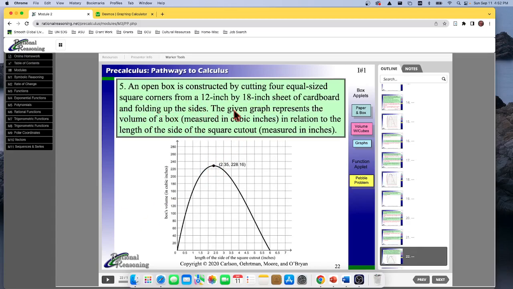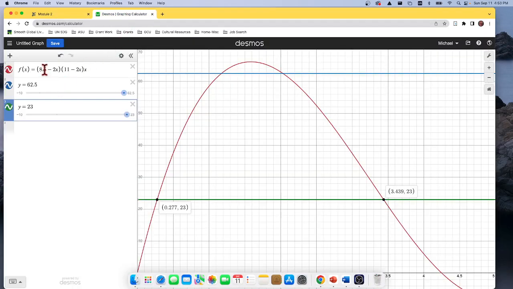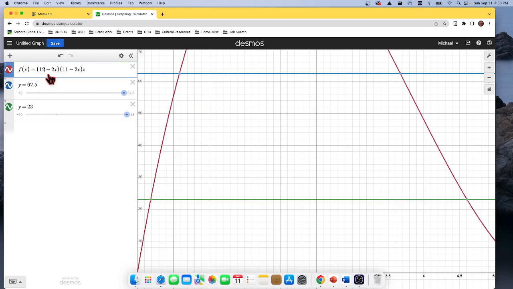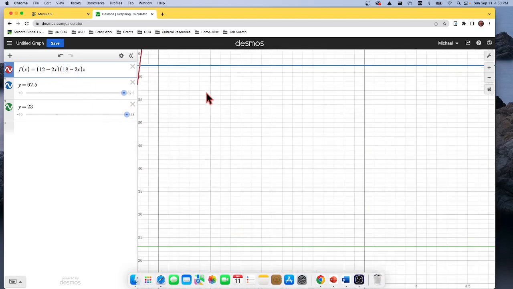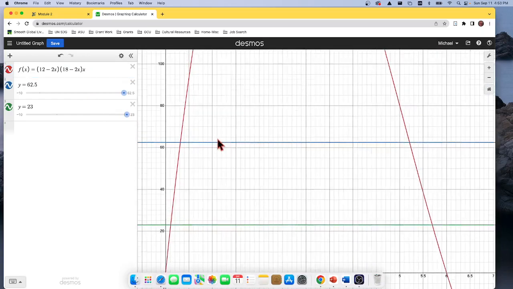Now here's another problem. They changed the size of the paper. It's a 12-inch by 18-inch sheet. So again, we could very easily do that by coming to our Desmos. Instead of 8.5, we could make this 12. And again, it's the same thing, 2x coming off of here. And this would be 18. And then you've got your graph now.